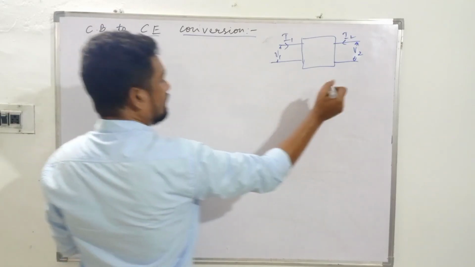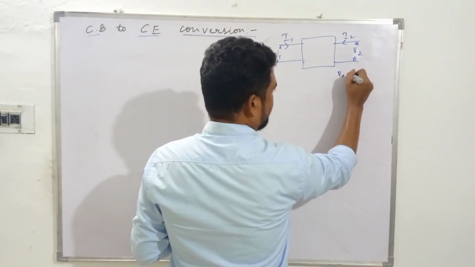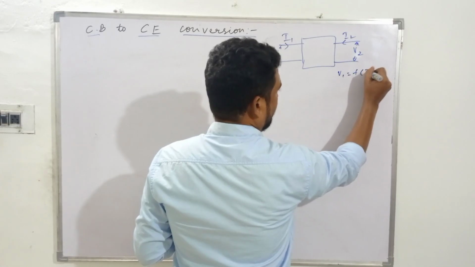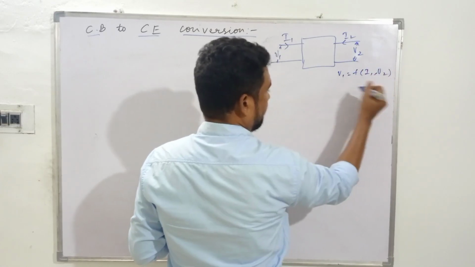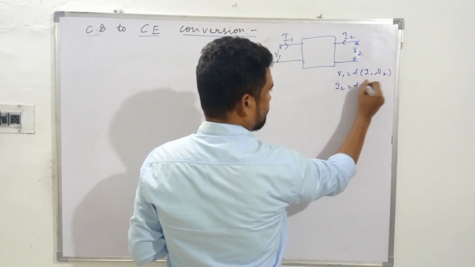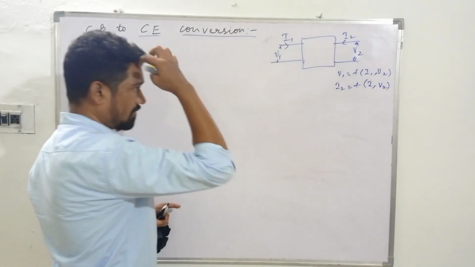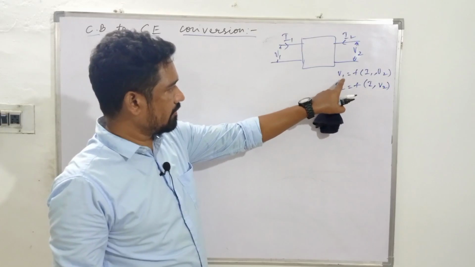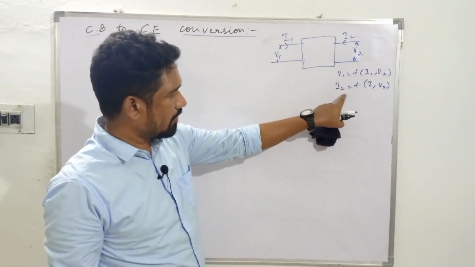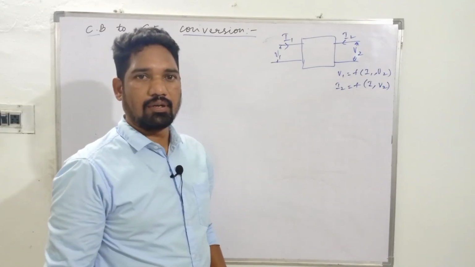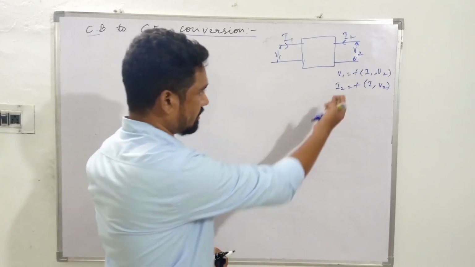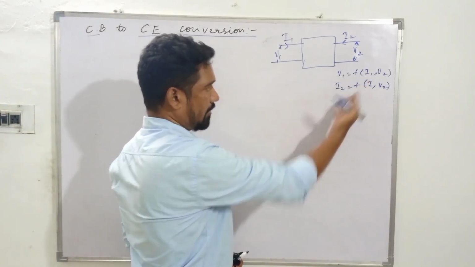We consider V1 as a function of I1 and V2, and I2 as a function of I1 and V2. If we consider V1 and I2 as dependent variables, that gives a mixed set of parameters, so hybrid parameters.